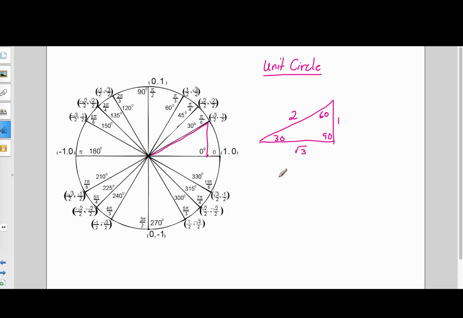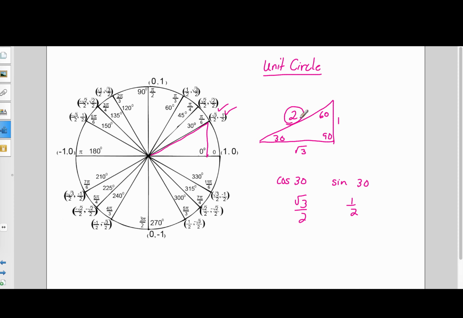So the cosine of 30 is adjacent over hypotenuse. Bing! And the sine of 30 is opposite over hypotenuse. Bing! Now you may be saying here, wait a second.